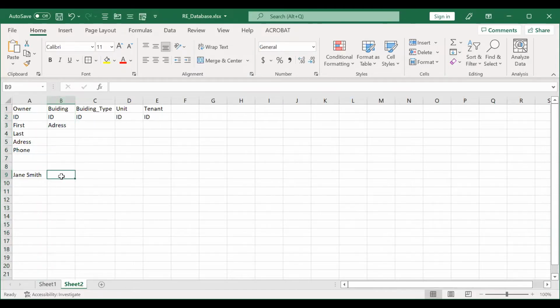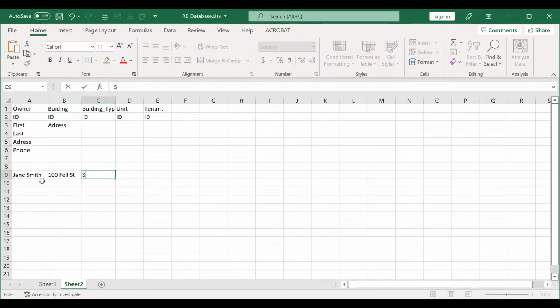The address would be 100 Fell Street, for example. A building type, we already talked about building type, right? Building type would be single family home or duplex, triplex, and so forth. Units, what kind of units can it be?